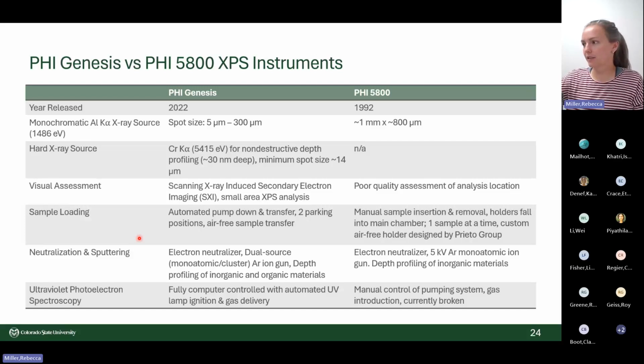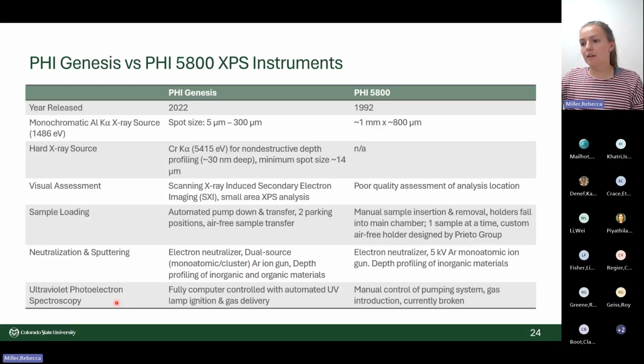Logistically, things are a lot more automated for pump down and sample transfer. It would come with its air-free sample transfer holder for going from a glove box into the instrument. In terms of neutralization, we would target the cluster argon ion gun, where you could do both monatomic and cluster argon sputtering for either inorganic or organic materials.